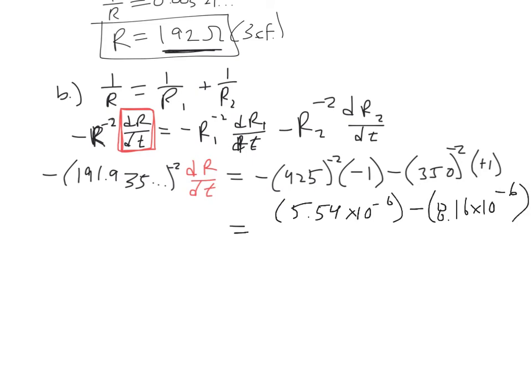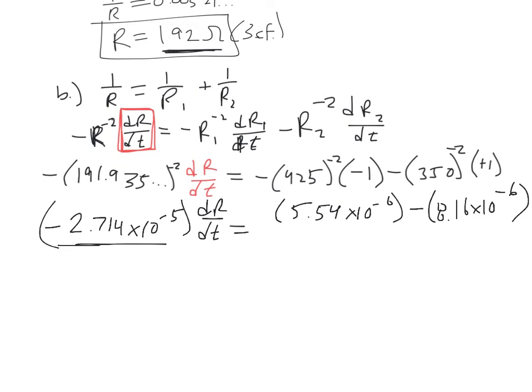And on the other side, I have negative 2.714 times 10 to the negative 5th dR/dt. This seems really ugly, but remember, you've been using your calculator for this, so you can just take stored values and subtract these things. I'm taking that 5.53 and subtracting that 8.16 number, and then dividing by the opposite of the answer I had here, this negative value.